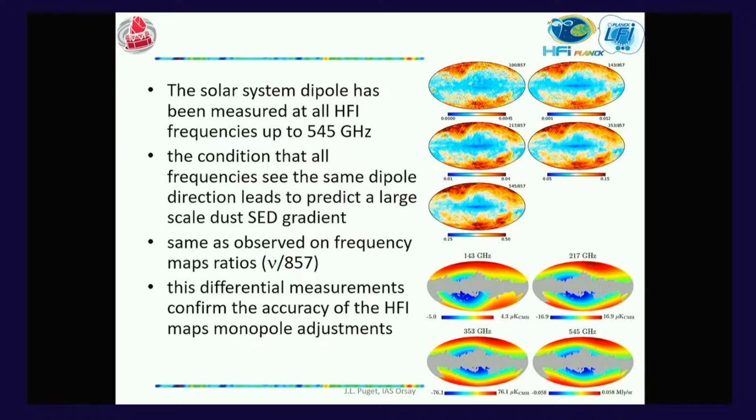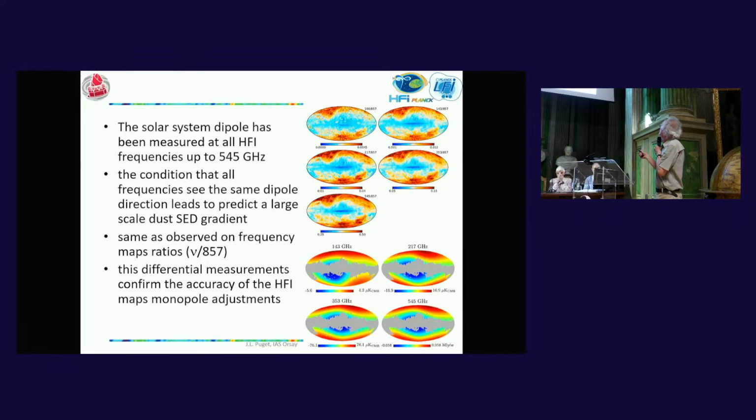So if you do the map of 100 gigahertz over 857, which is full dust, only dust, you see that the gradient in latitude is about the same for all 100, 143, 217, 353, and 545 even.